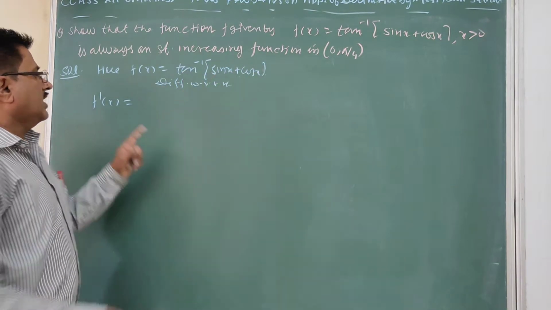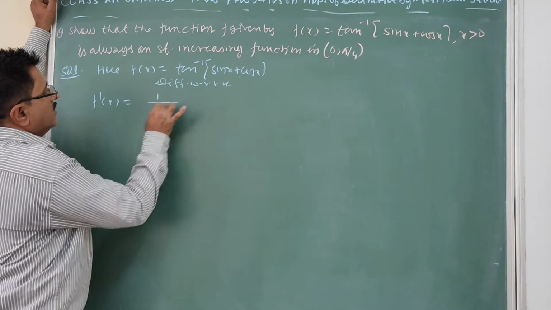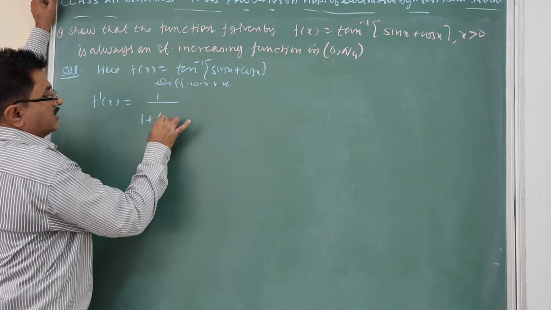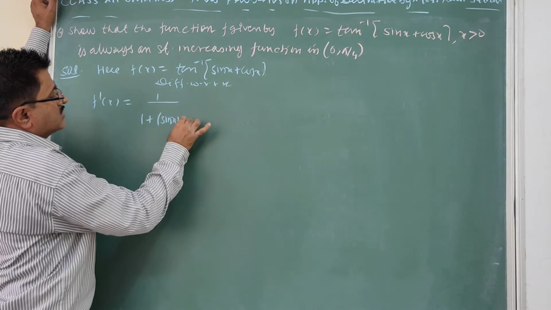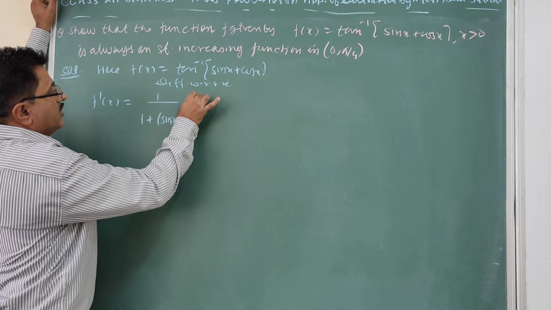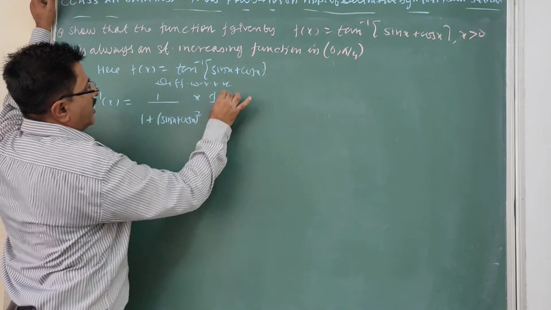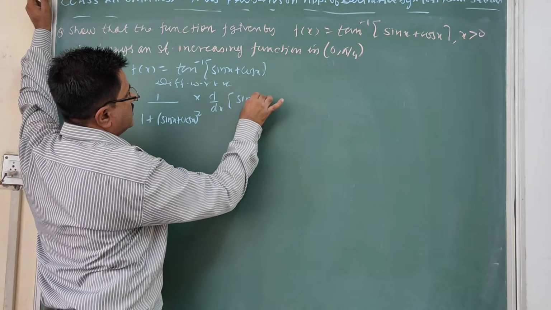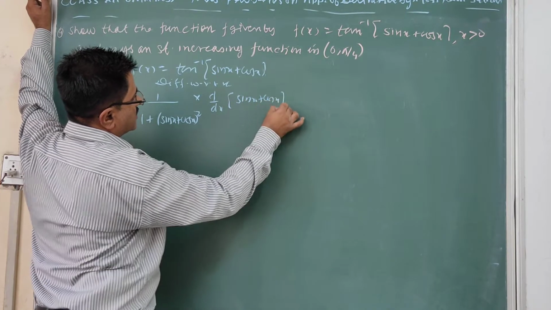The derivative of tan inverse x is 1 upon 1 plus x square. x means here sin x plus cos x. This is x, into the derivative of what we supposed x, that is sin x plus cos x.